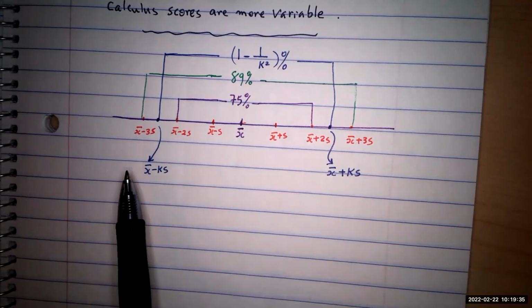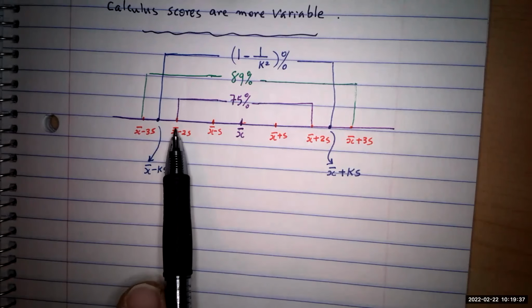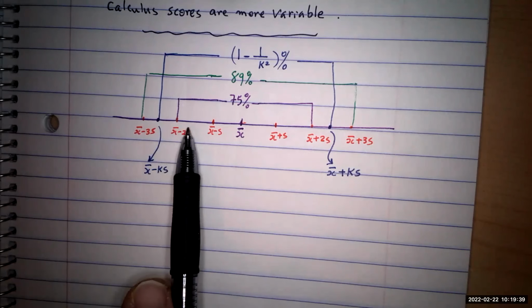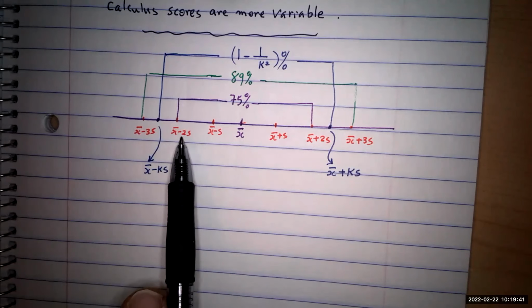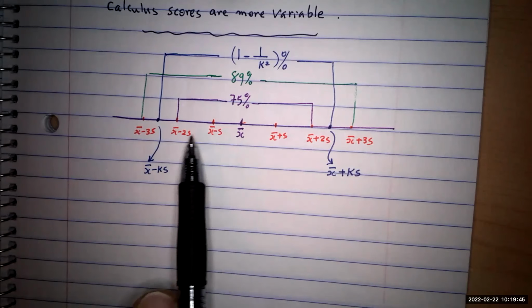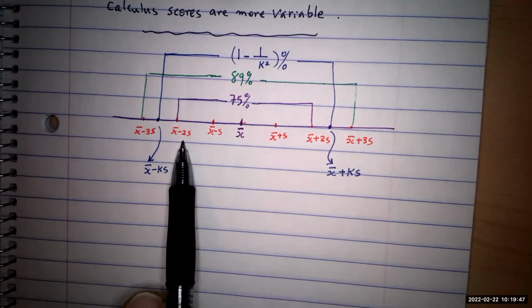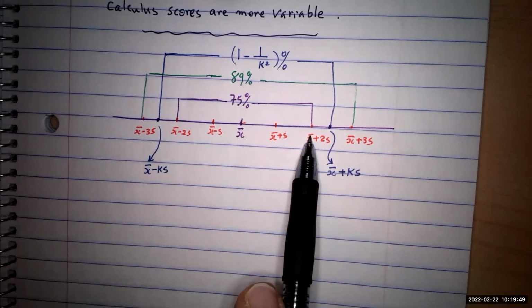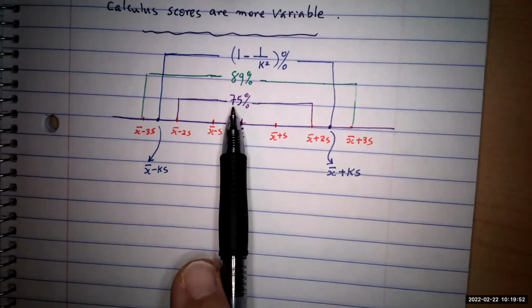This theorem that I'm going to talk about will tell us how many data values are going to be between 2 standard deviations from the center. So the range is going to be X bar minus 2s to X bar plus 2s. 75% of data values.